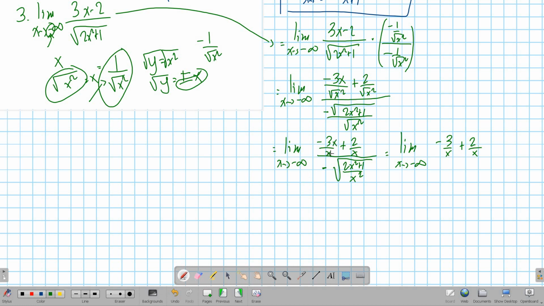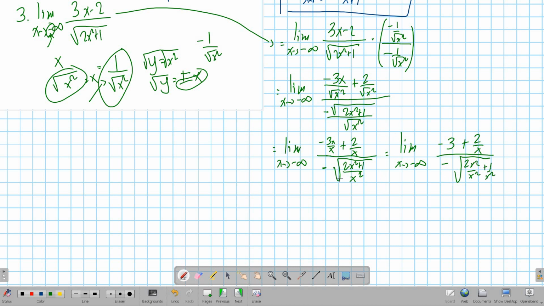When we simplify, wait a minute, let's fix this. Let's write first negative 3x over x here. So when we simplify further, I'm going to have negative 3 only, plus 2 over x, all over negative the square root of 2x squared over x squared plus 1 over x squared.